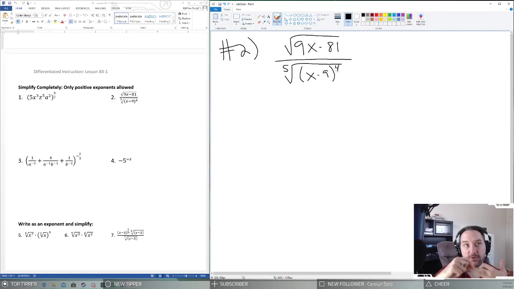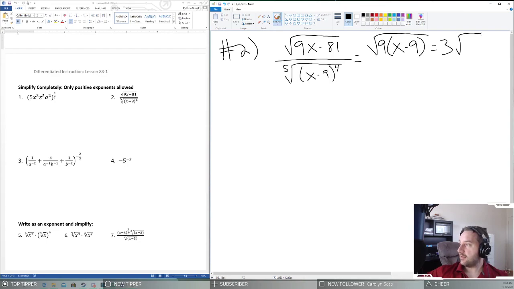So on top here, there's a 9 in common, so I can factor out that 9. And I get the square root of 9 times x minus 9. Well, the square root of 9 is 3. And then the square root of x minus 9. On the bottom, I don't want this written as a root, so I can write that as x minus 9 to the 4/5.